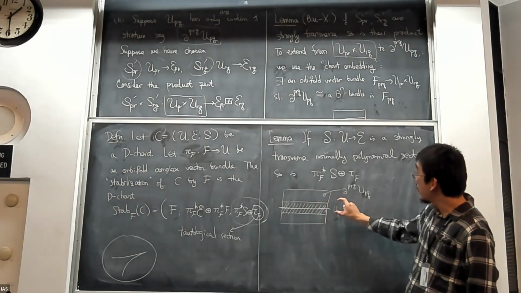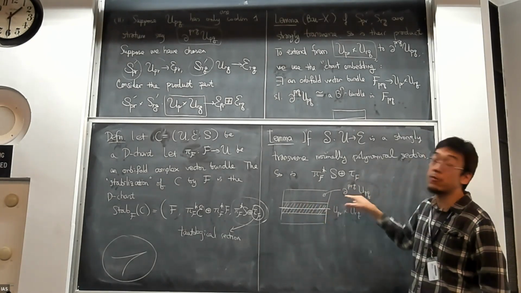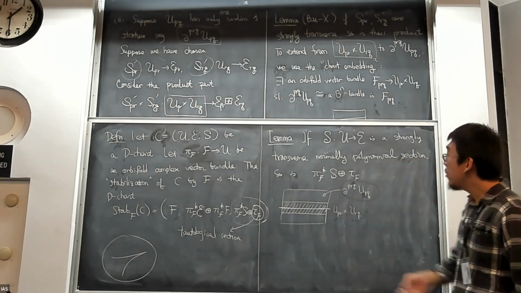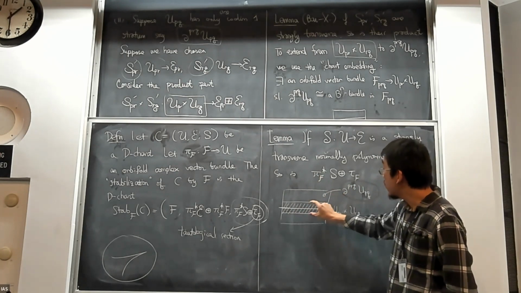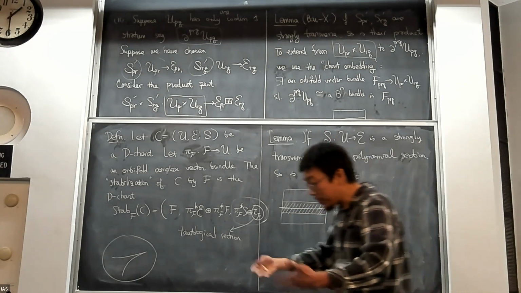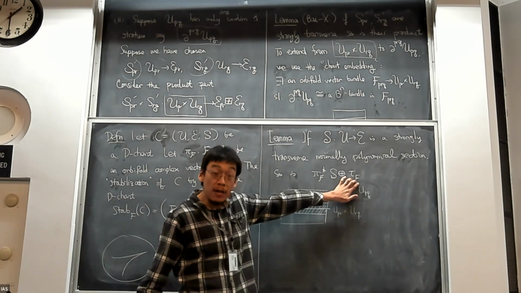So that is also a strongly transverse normally polynomial perturbation inside the open set of this boundary stratum of this chart. You can just extend arbitrarily away, because away from this neighborhood, the section is non-vanishing because this is a linear factor.